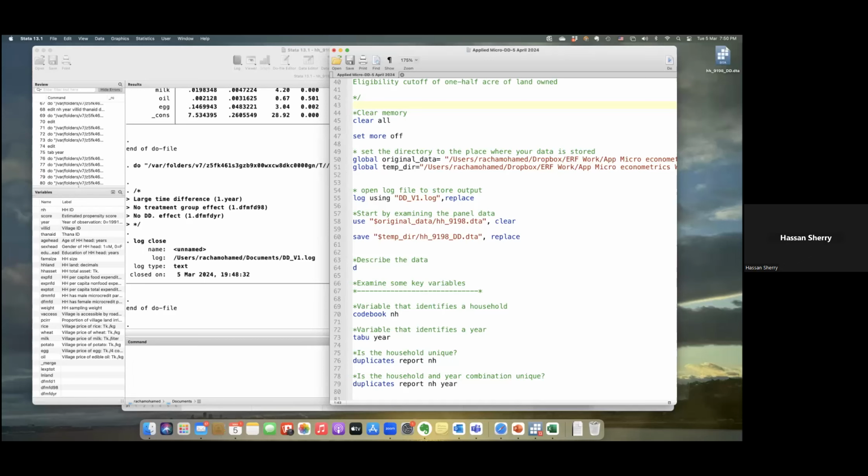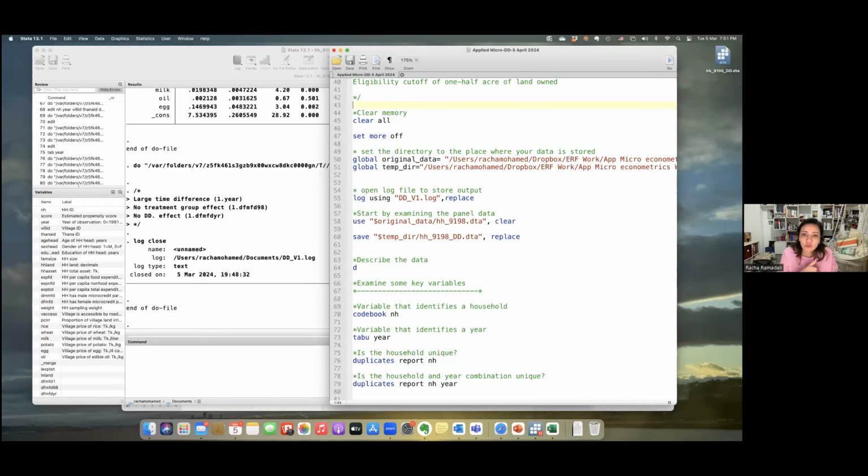Yes, so usually you use weights to be sure that all the data we are using at ERF, like the ELMPS data, for instance, or the household expenditure surveys for any country, these surveys are nationally representative.